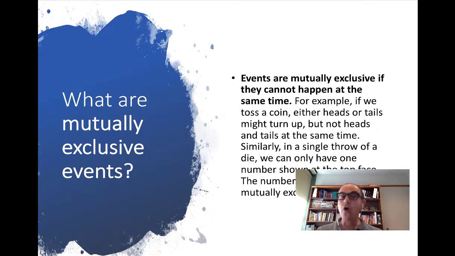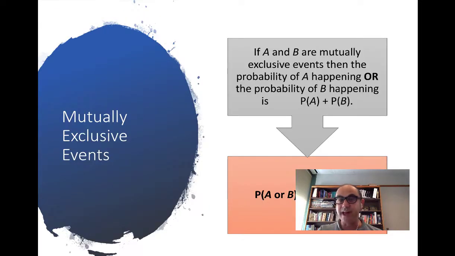We also have mutually exclusive events. Events are mutually exclusive if they cannot happen at the same time. For example, if we toss a coin, either heads or tails might turn up, but not heads and tails at the same time. That's what we call mutually exclusive events. Likewise, we can only have one number show on the top face of a die, so the faces are mutually exclusive events.